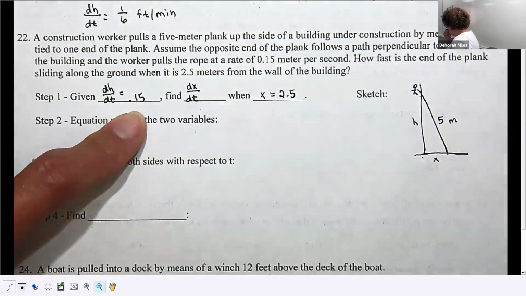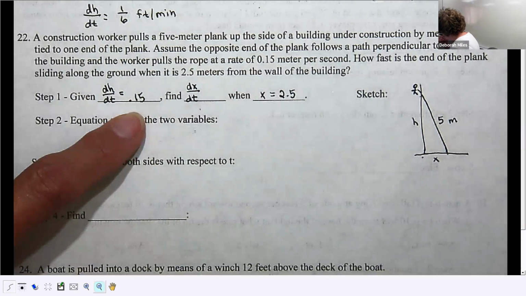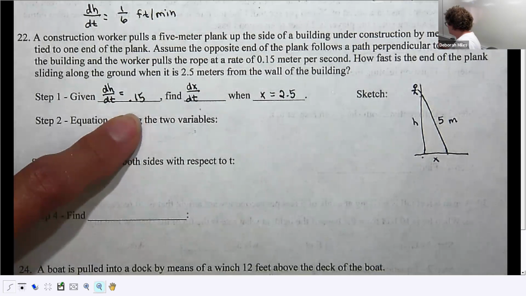Now, there's one other thing I want to check before I try to come up with an equation. One of those rates, which quantity is getting bigger, x or h? h is getting bigger as the plank is being pulled up the building.